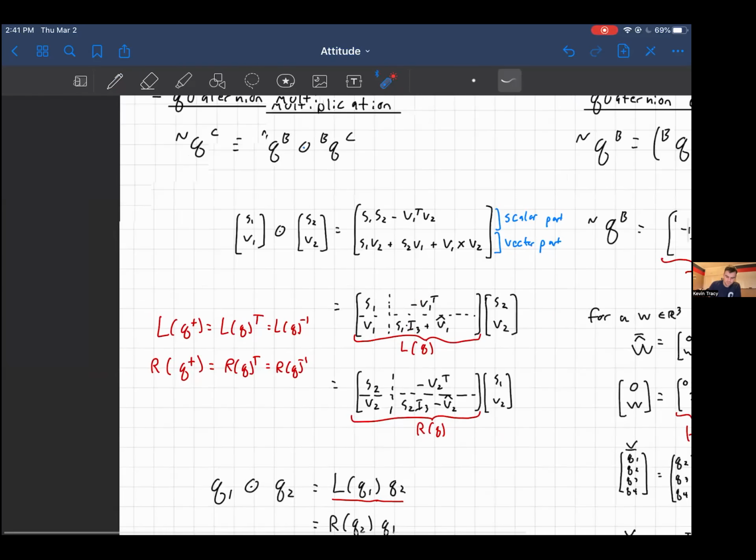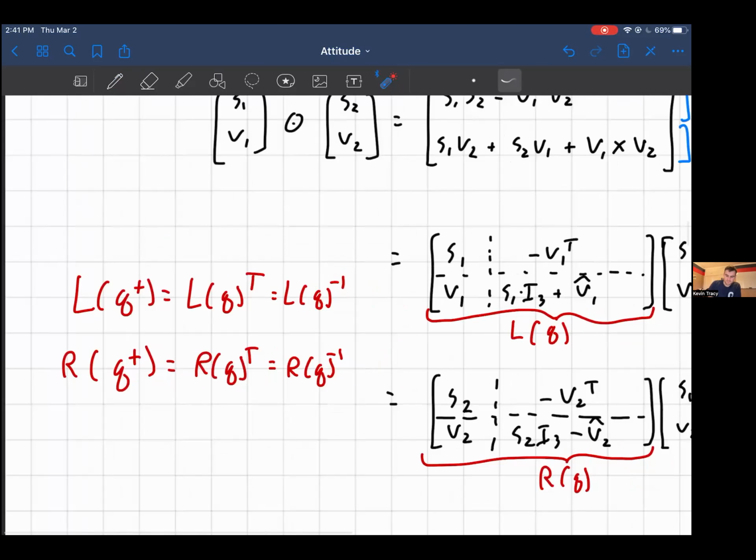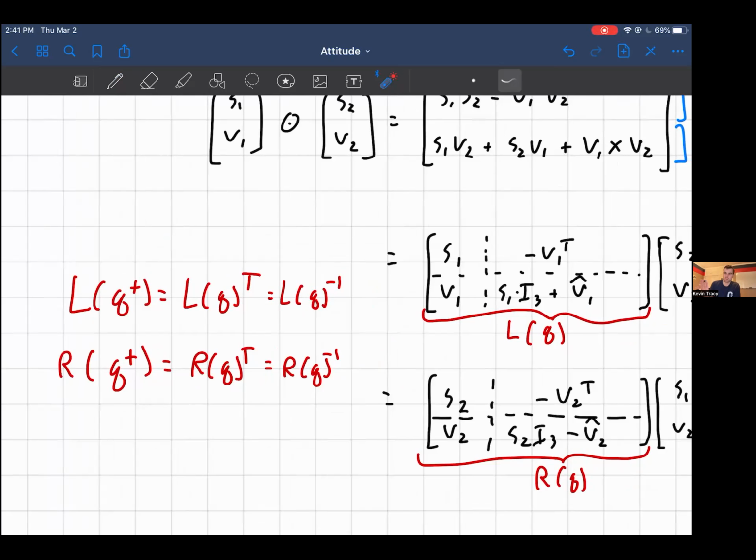And so a few cool properties. The first is that these matrices are orthogonal. We haven't gotten to the quaternion conjugate yet, so just ignore this for a sec, but L transpose equals L inverse, R transpose equals R inverse.